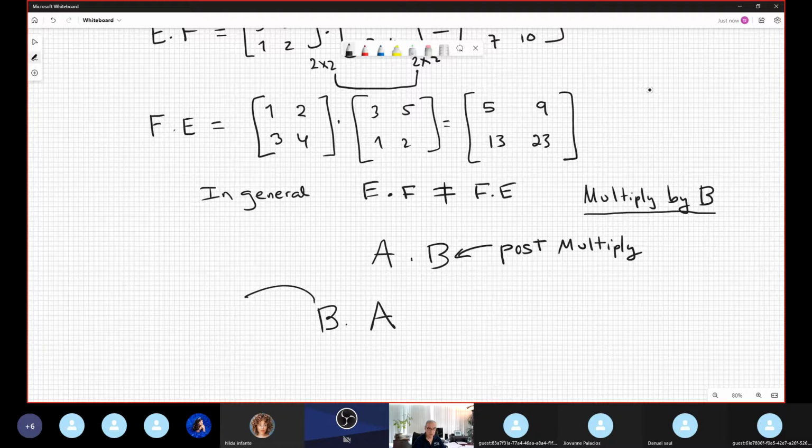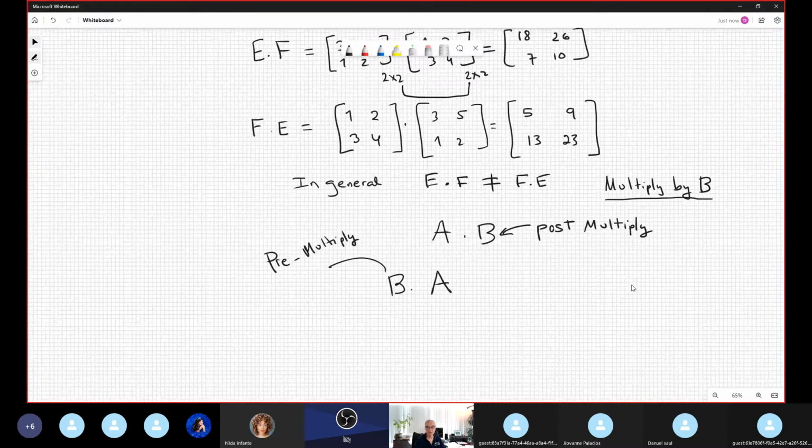And when it's in this order, it's pre multiply. So when you manipulate an algebra of the matrix, you need to specify if it is post multiply or pre multiply.